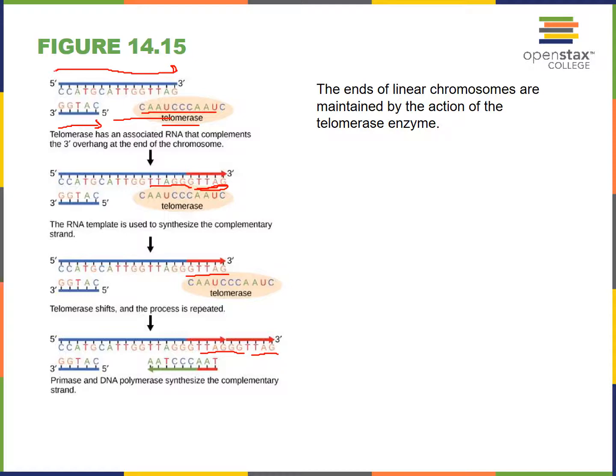In this way, the telomeres are never being deleted due to the fact that the lagging strand can't go to the very, very end of the chromosome. Now, in prokaryotes, their chromosomes are circular, so this never happens in prokaryotes. This is just a eukaryotic mechanism.